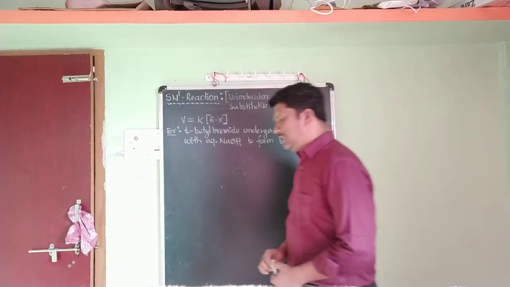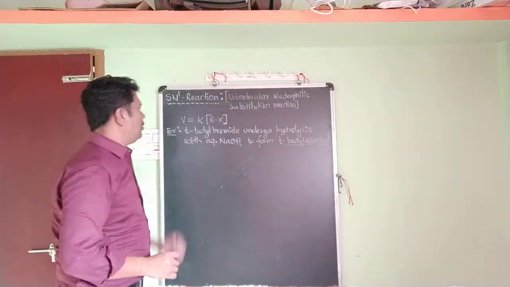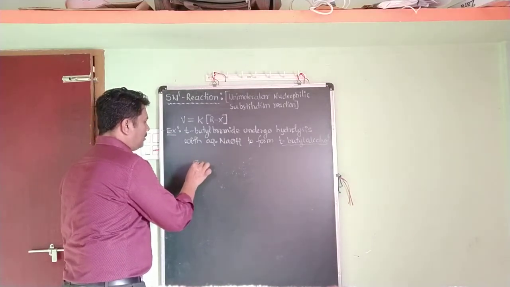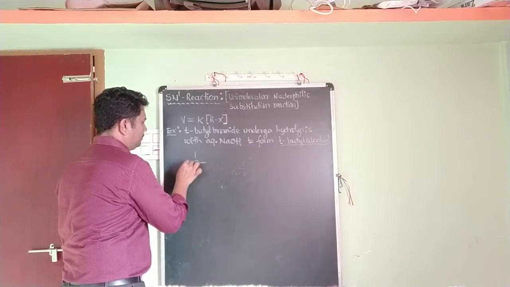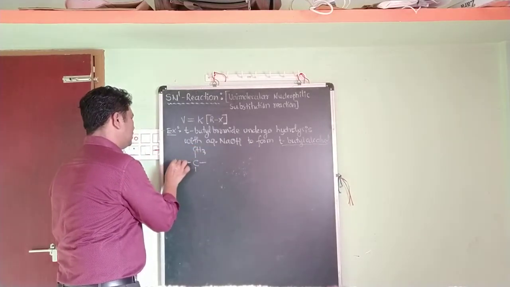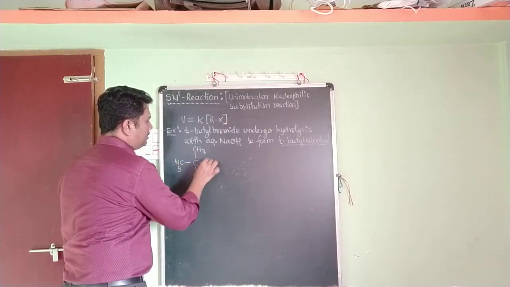So now write the reaction. How to write tertiary butyl bromide? See here, you write carbon first with 4 single bonds. You write CH3, CH3, CH3 and here is a Br.